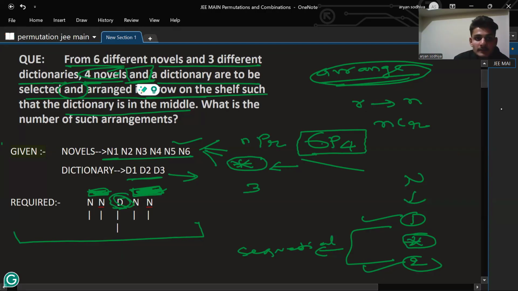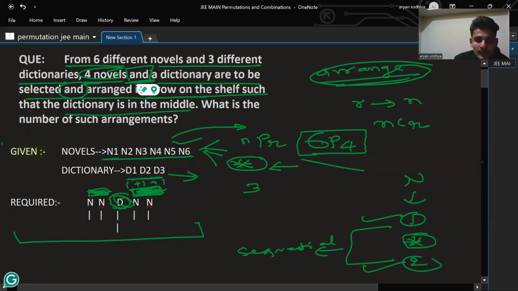Got this point? It's simple. You need to select any dictionary out of them: D1, D2, D3. How many ways? D1 or D2 or D3, so you will add 1 plus 1 plus 1. Mutually exclusive events. And here also you use the formula of permutation.